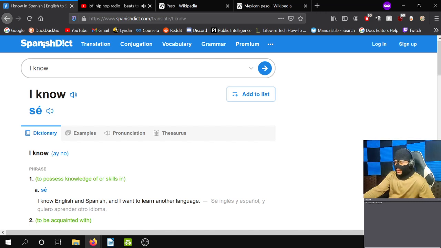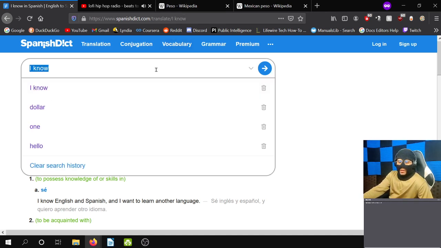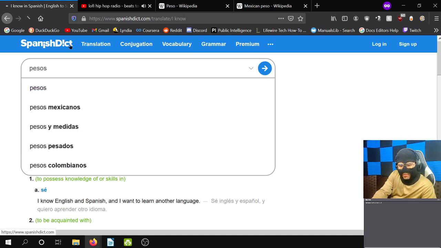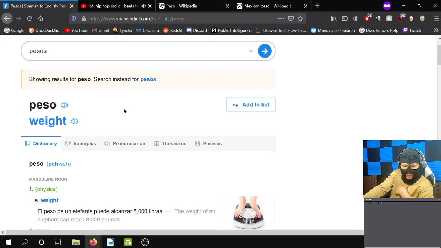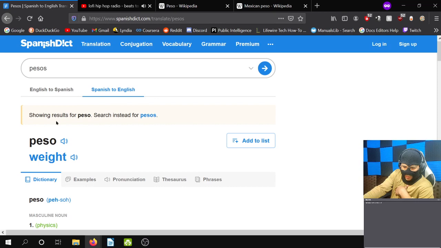Those are the words that I keep on repeating. And then you have also un and dólar, along with pesos. Now, onward to pesos. We're gonna be reading the wiki, but anywho, might as well learn the basics, which is how to spell it. So, yeah.